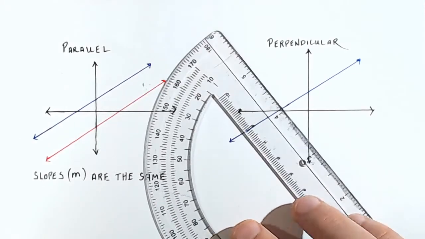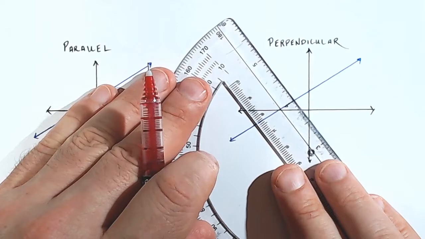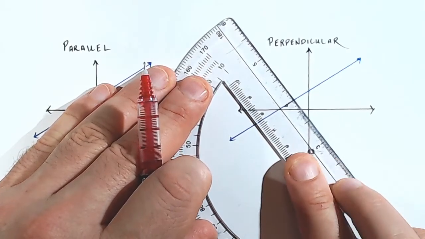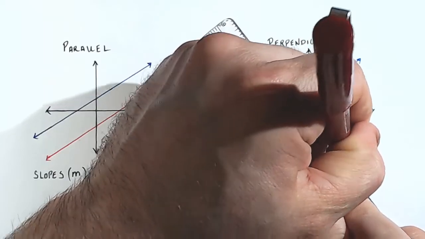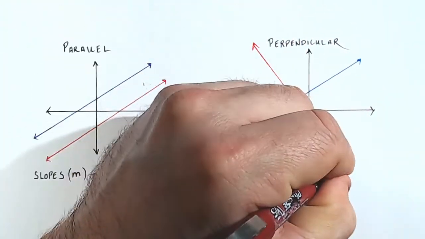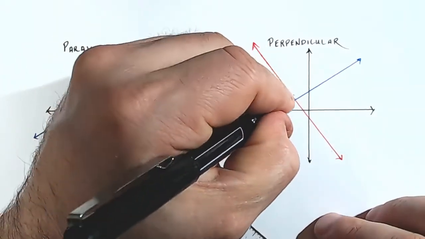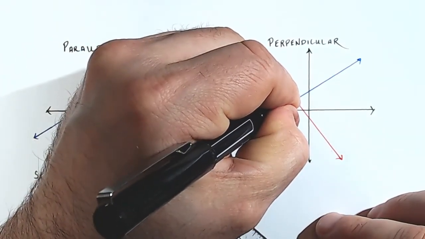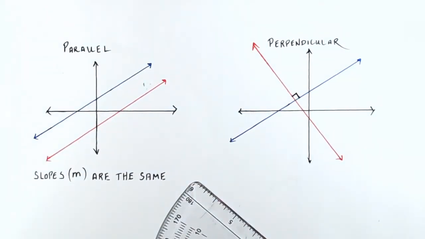I have to rotate my protractor around and see if I can't draw a line that forms a 90-degree angle with the line I just drew. Something like this. And the quality that these two lines share is that they have a right angle relationship with one another.